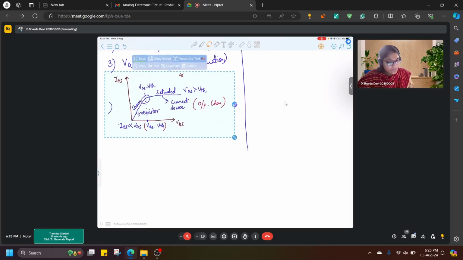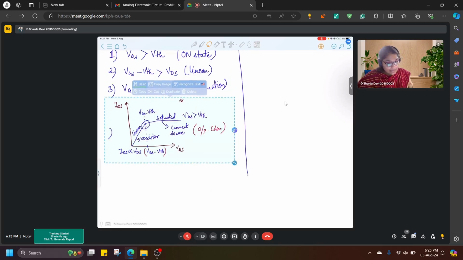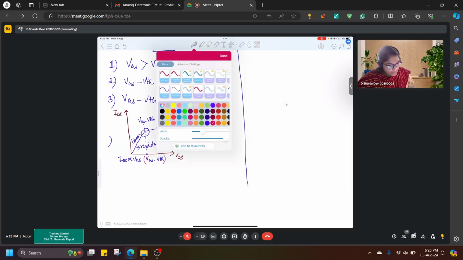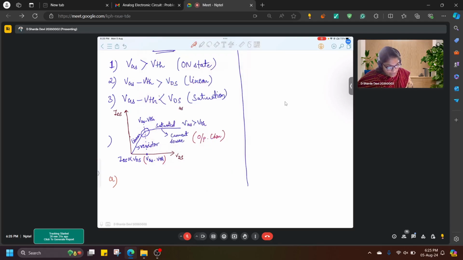Now we talk about the formulas for current. If VGS is less than VTH, then we call it cutoff.